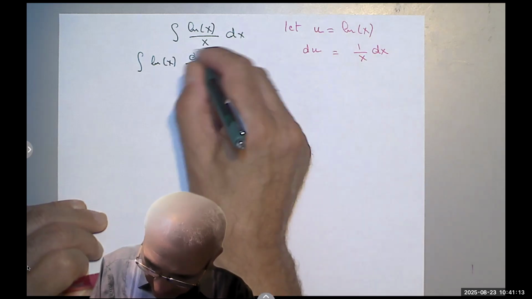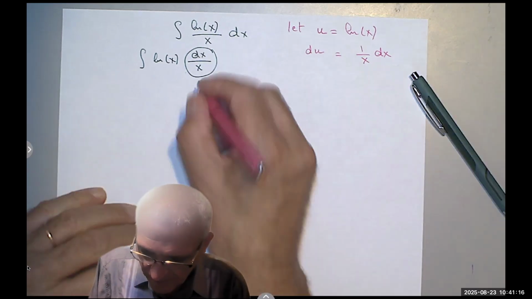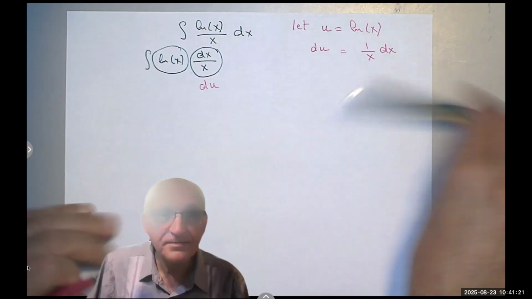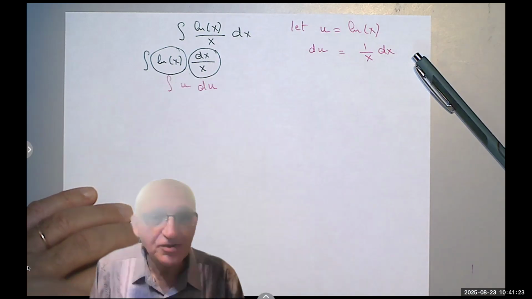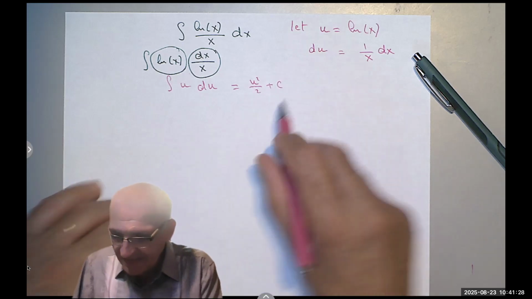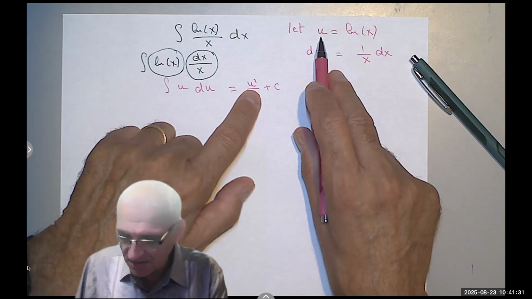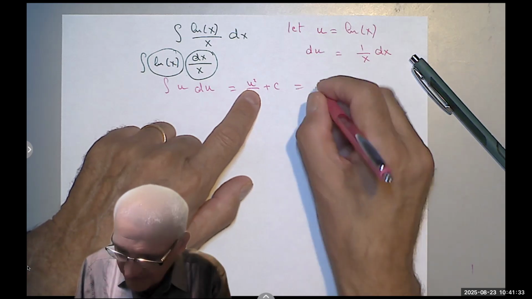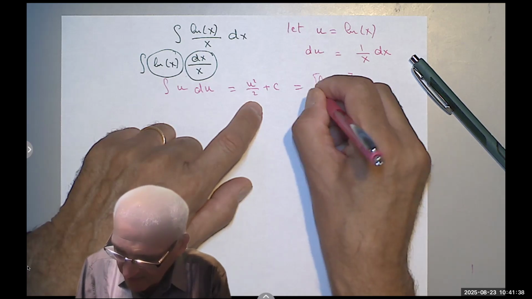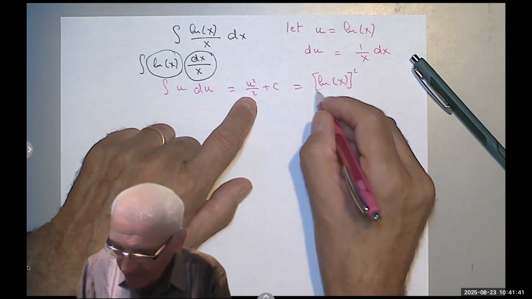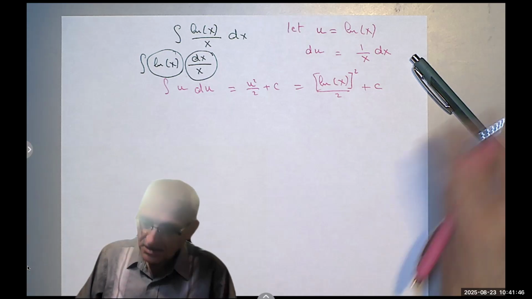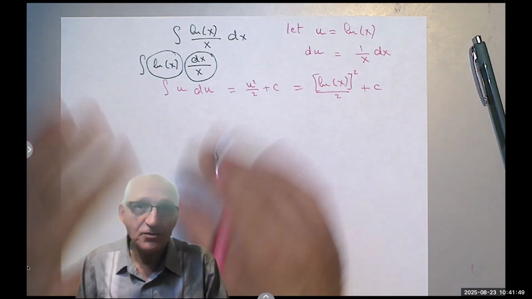So this whole thing is du, and that thing is u. So now you are integrating u du, which is u squared over 2 plus a constant. And then you go back, u was natural log of x, so you get natural log of x quantity squared over 2 plus a constant. Okay? So that's an easy one, right?